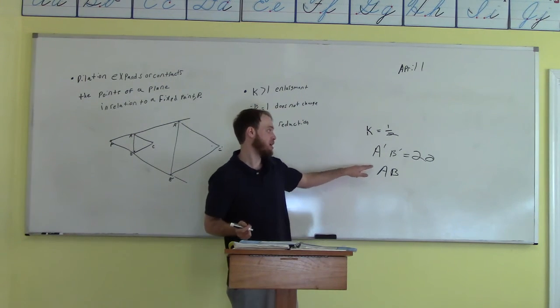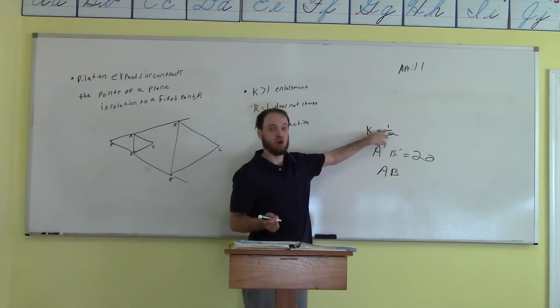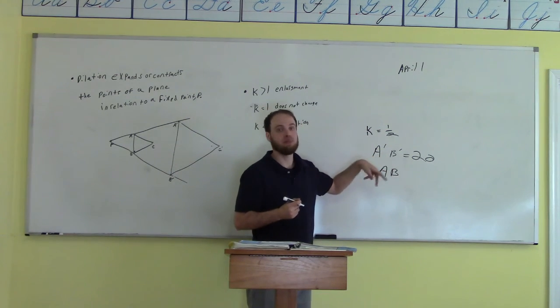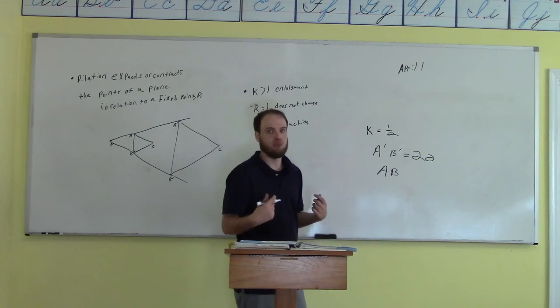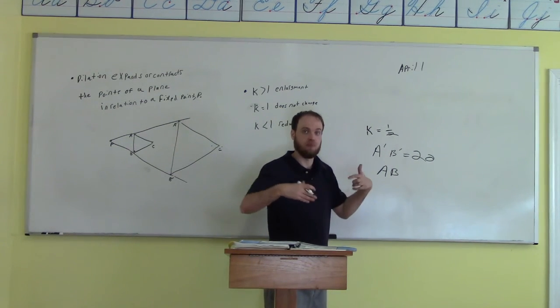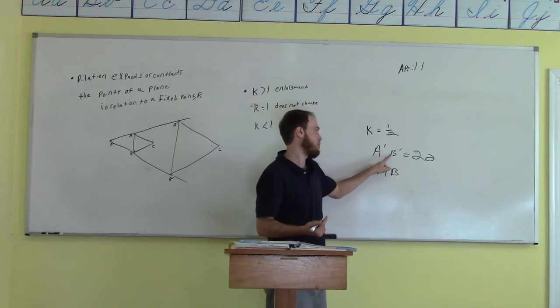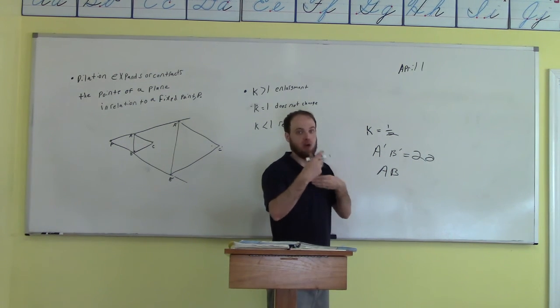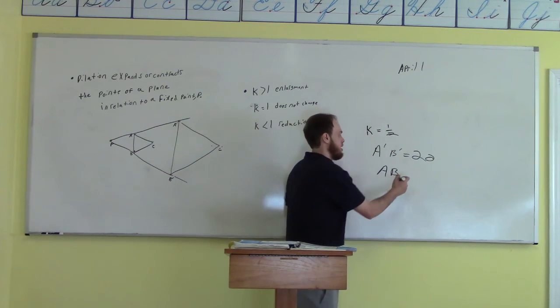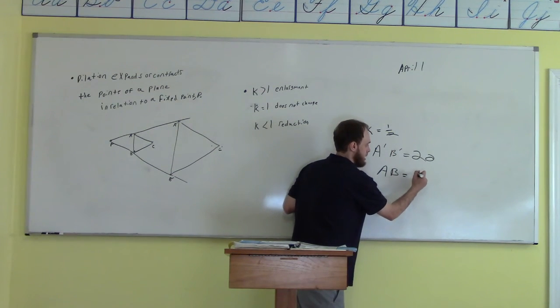If they give you AB, you just multiply by whatever this number is. But if they flip it around and give us the A prime, B prime, then you want to multiply by 2 because you're going from the new image to the one that you started with. So I would multiply by 2 because I'm dividing by 1/2, and it would be AB equals 40.